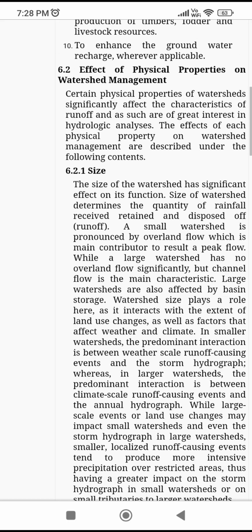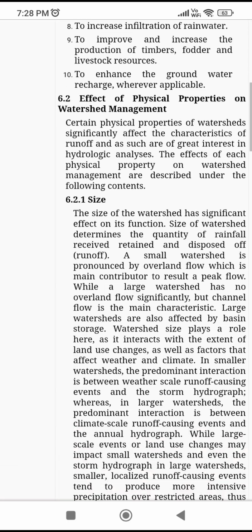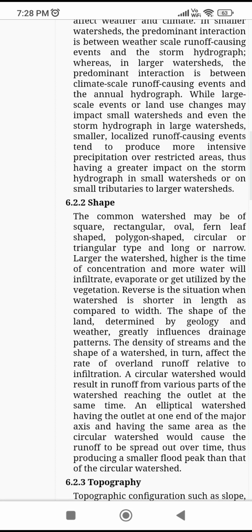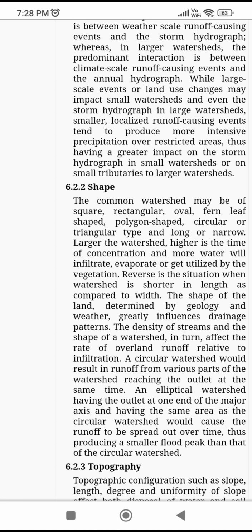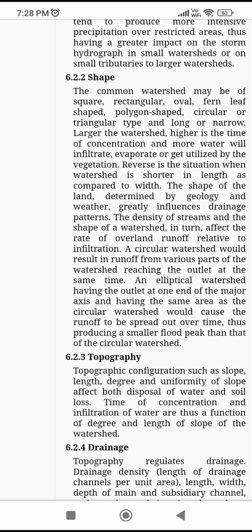Now here, as I said, effect of physical properties on watershed management. The common watershed may be square, rectangular, oval, fern, leaf shaped, polygon shaped, circular or triangular type. See, a circular watershed would result in runoff from various parts of the watershed reaching the outlet at the same time.